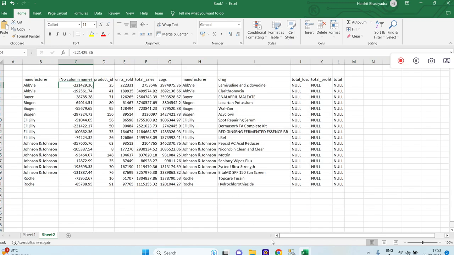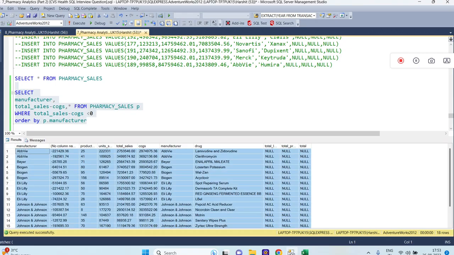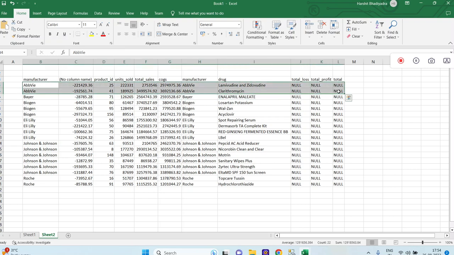So if you see over here, these are the two manufacturers. These are the values of total loss, total sales minus cost of goods sold, and two different drugs are available for this ABV manufacturer.